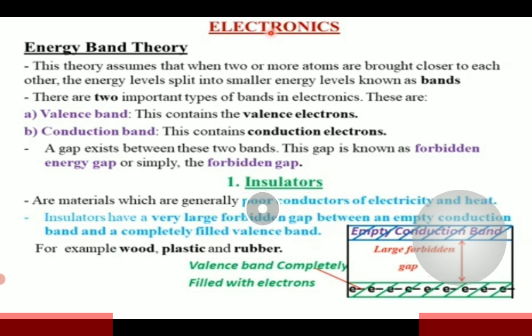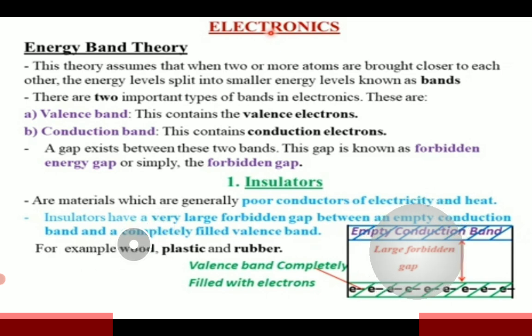By bad conductors or poor conductors, we mean they hardly allow any current to flow through them. Such materials are called insulators. They are not good conductors of electricity. They cannot allow any current to flow through them. In other words, they allow zero current to flow through them.